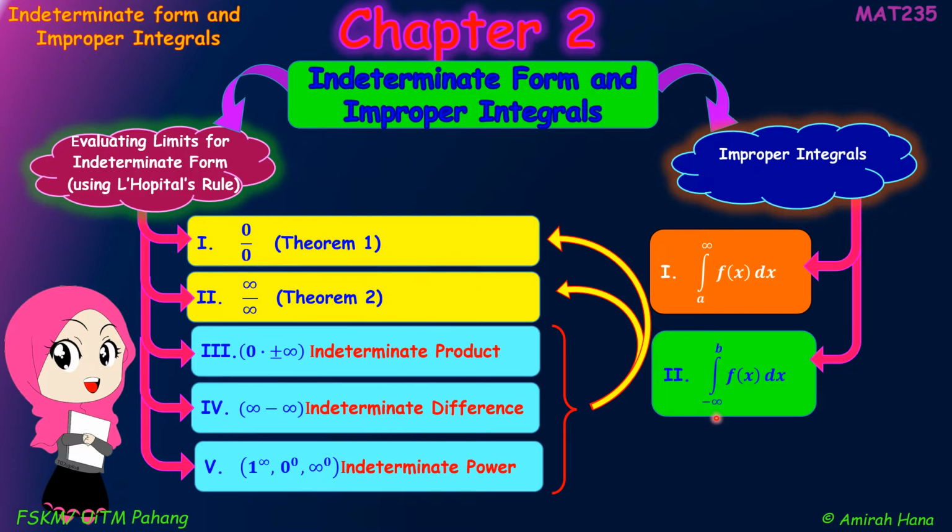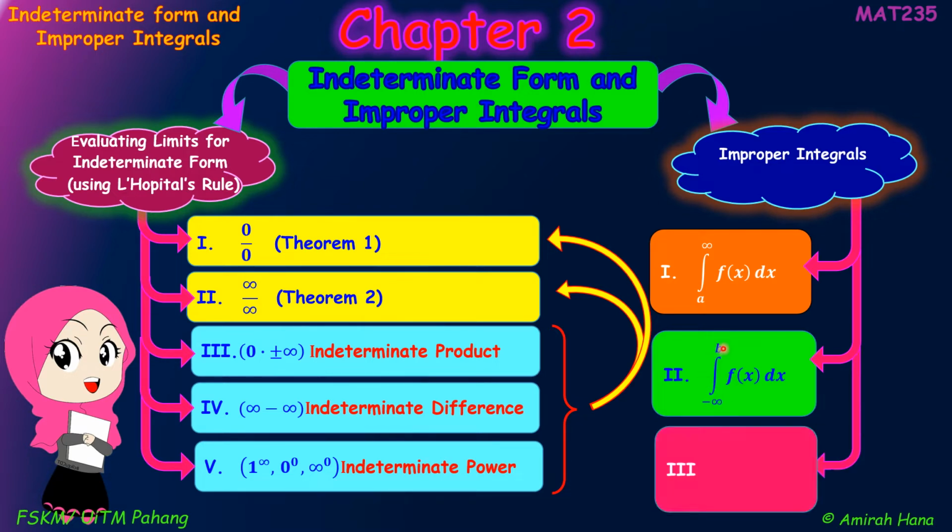Now, the lower limit is negative infinity and the upper limit is constant. And the last type under improper integral is integrate from lower limit negative infinity to upper limit positive infinity f(x) dx. This is what we summarize under chapter 2.